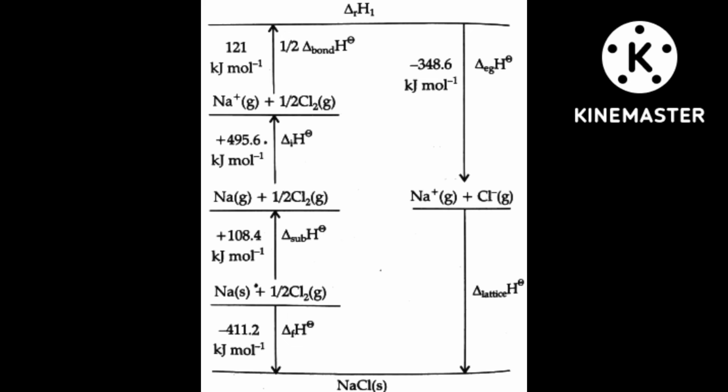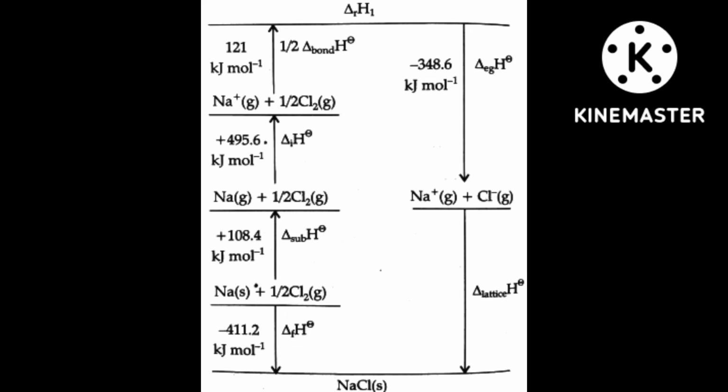Then for Cp, I told you plus 5 by 2 R for ionization, because heat is required, so its value will be more.